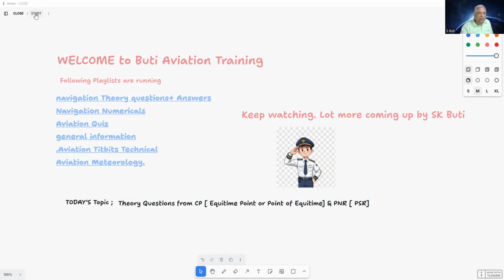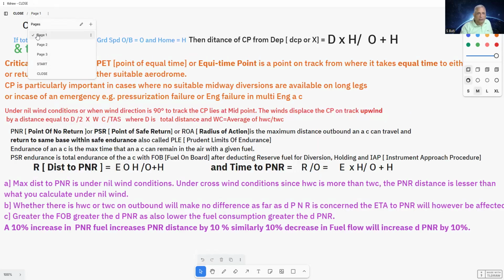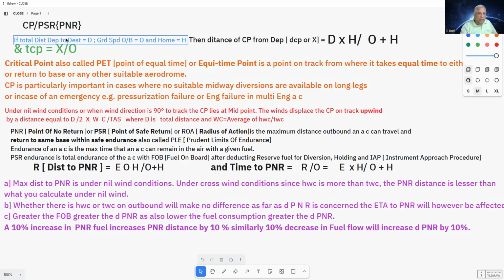So let us first start with a little bit of theory. That is your critical point definition.